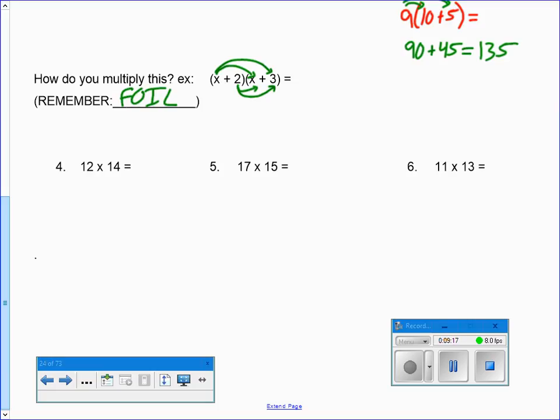That's what FOIL stands for. So on this example, it'd be x times x, and then x times 3, and then we move over to the 2, the 2 times x, and 2 times 3. And we combine those in the middle.